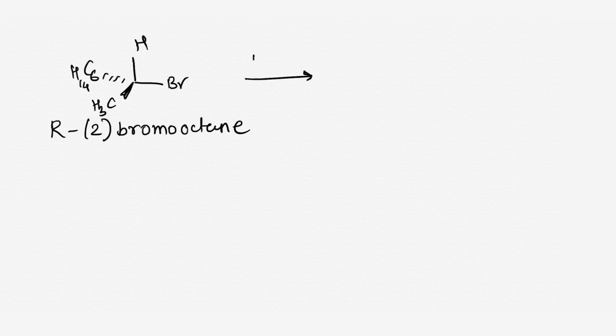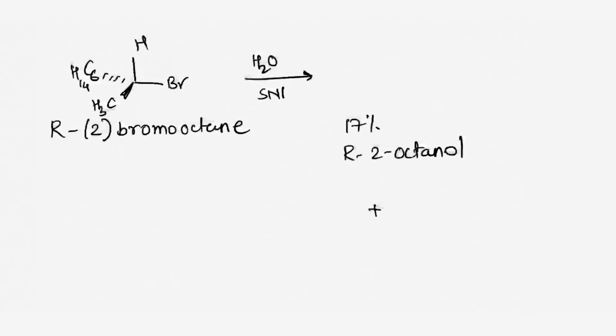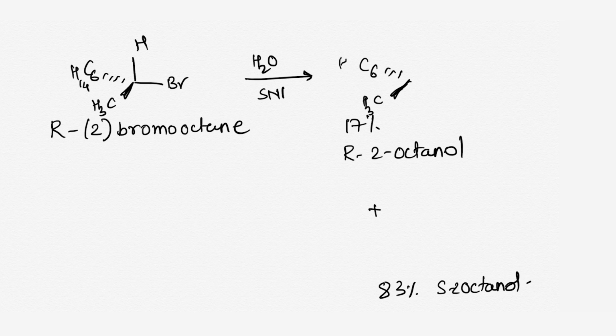When this reacts with water in an SN1 reaction, what we observe is 17% of R-2-octanol and around 83% of S-2-octanol. So, what we observe here is that the retention is very less and the inversion is really high.